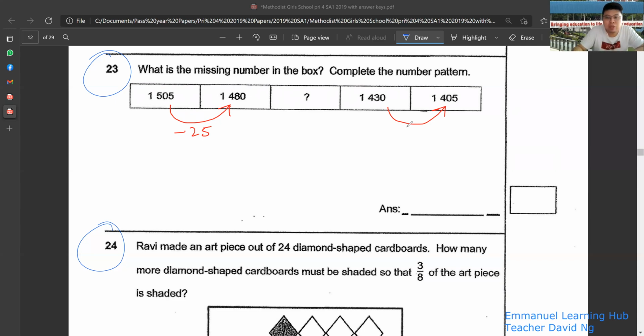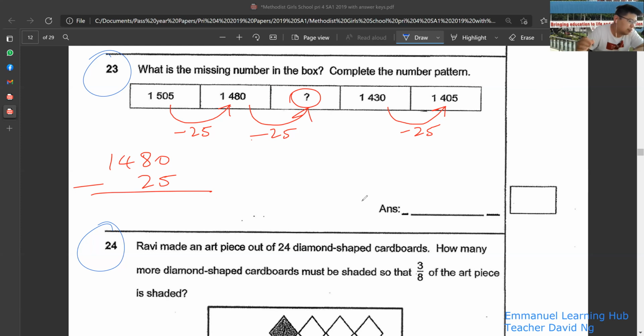Understand? Okay. Then this one, is it minus 25? Yes, right? So you know the pattern is they minus 25. So to find the question mark, 1480 minus 25. Then you do this calculation.